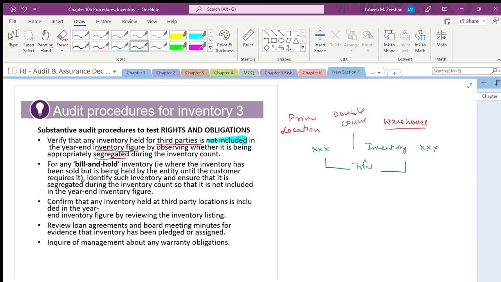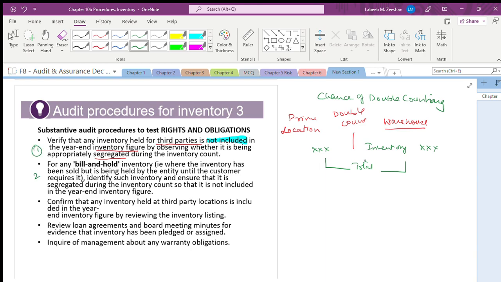Otherwise, there will be a chance of double counting. You have to segregate how much is at the prime location and how much is at the warehouse.